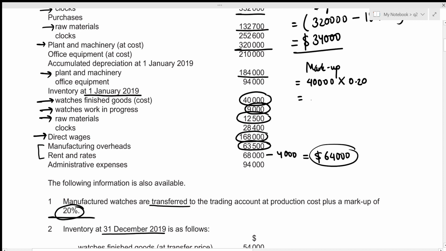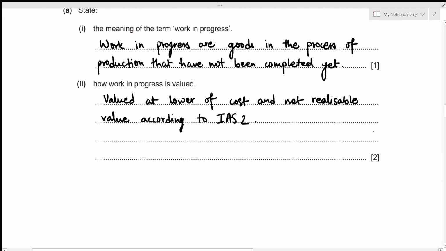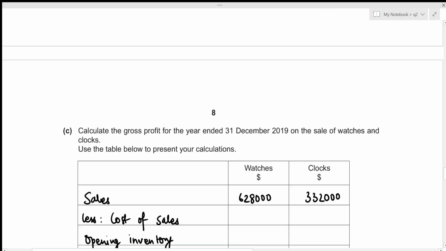So that results in the value of 8,000. So now we can figure out our opening inventory to be the cost of 40,000 plus the markup 8,000, which results in the value of 48,000. Let's record this in our statement.